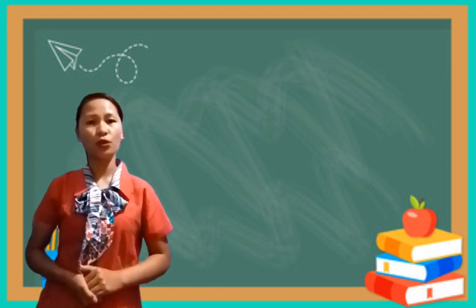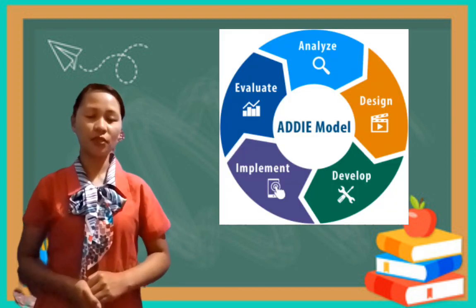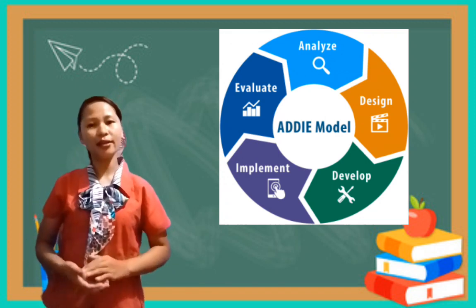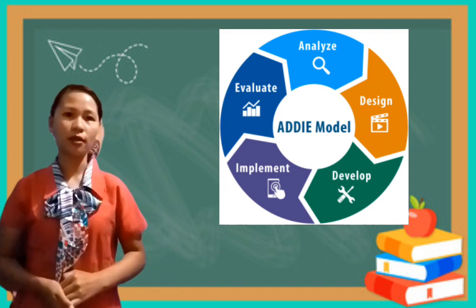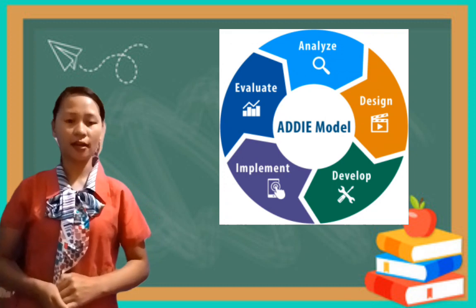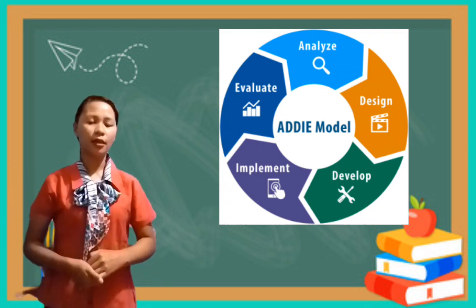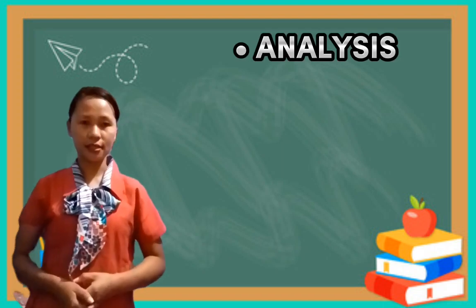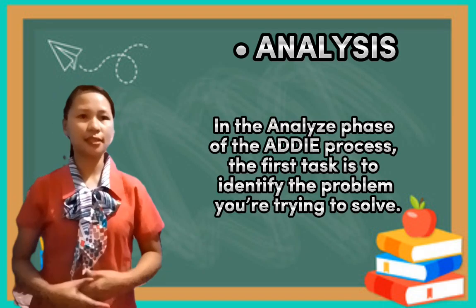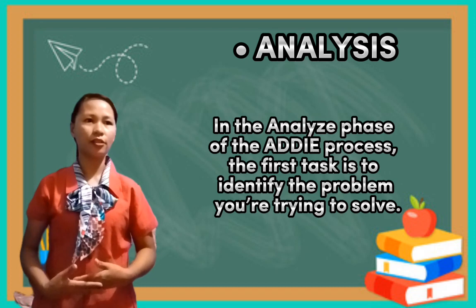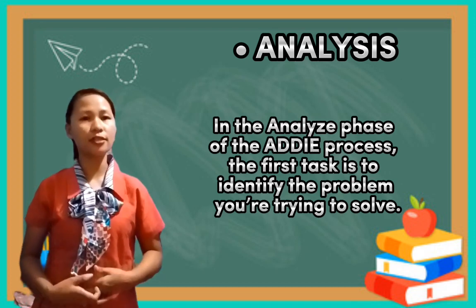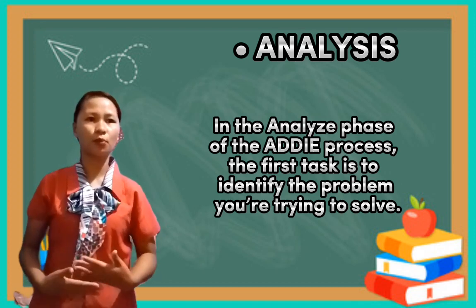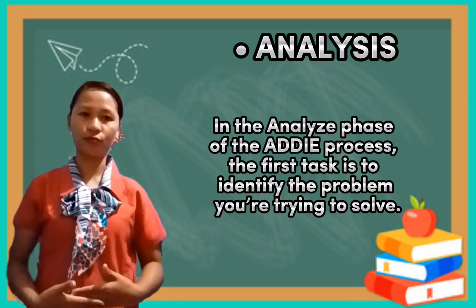First, we discuss the ADDIE design model. ADDIE stands for Analysis, Design, Development, Implementation, and Evaluation. First, analysis. In the analyze phase of the ADDIE process, the first task is to identify the problem that you are trying to solve.